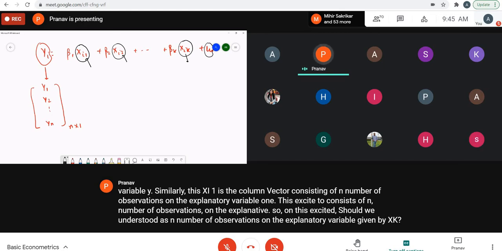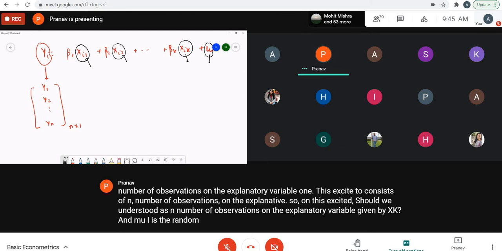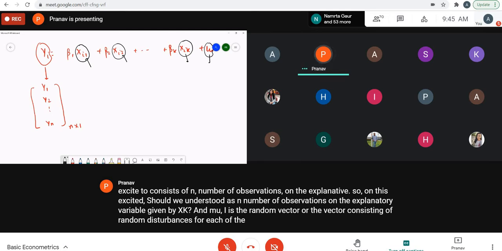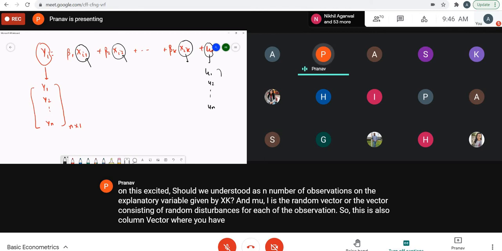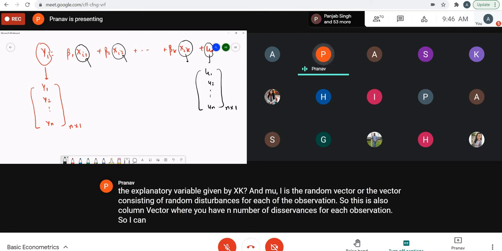And mu i is a vector consisting of random disturbances for each of the observations. So this is also a column vector where you have n number of disturbances, one for each observation. So I can write this as n times 1.